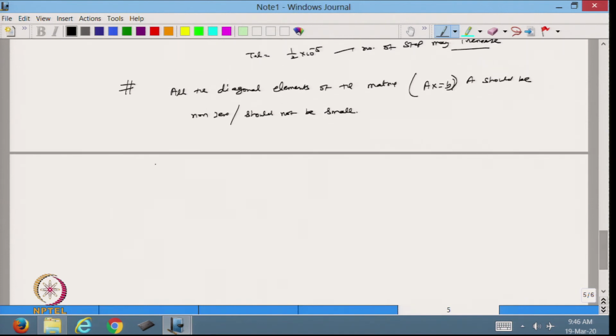So, to eliminate this type of possibility, we want that the matrix A we are choosing should be diagonally dominant.